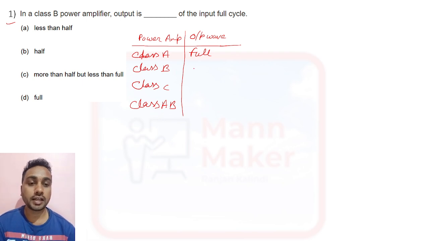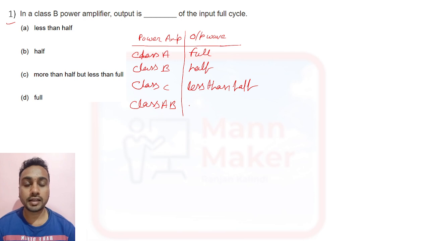In class B it will be half of the input waveform. In class C it will be less than half cycle of input, and in class AB it is more than half but less than the full input cycle.